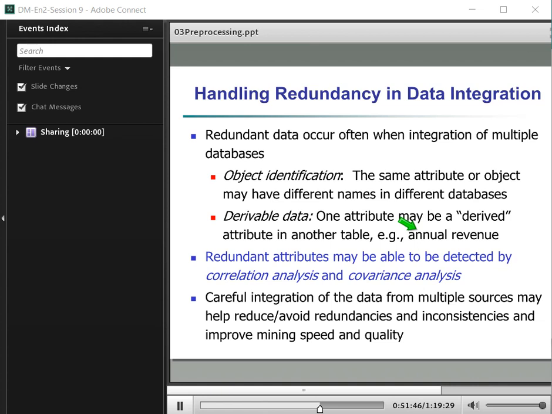Most of the time, data miners apply data reduction techniques to reduce the amount of data entering the data mining process.